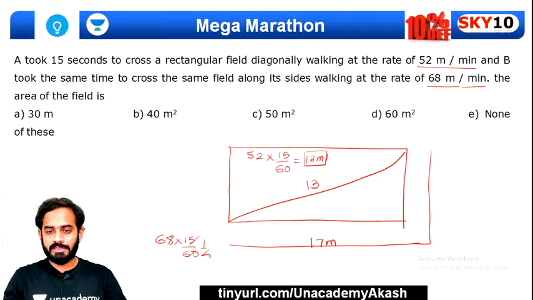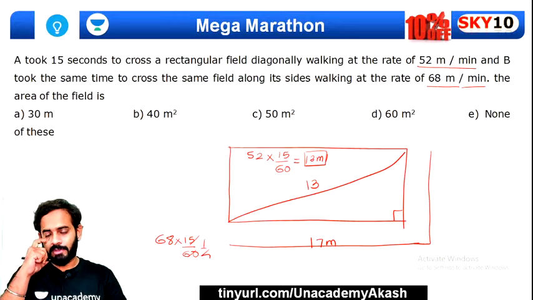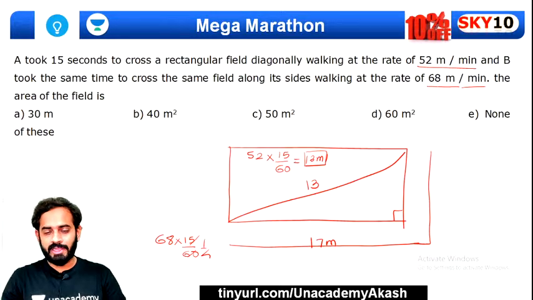Now I know that this is a right angle triangle, and in right angle triangle we can use Pythagoras theorem. Now using this Pythagoras theorem, we know that there is a Pythagorean triplet having 13 as hypotenuse, and two other sides their summation should be what? 17 meters.